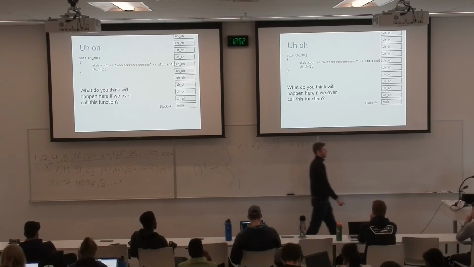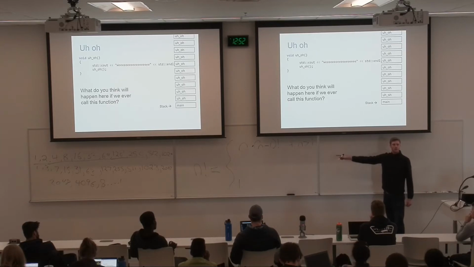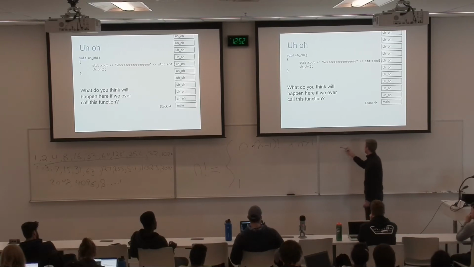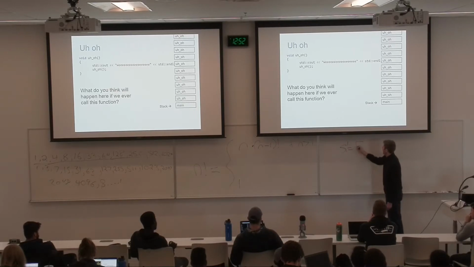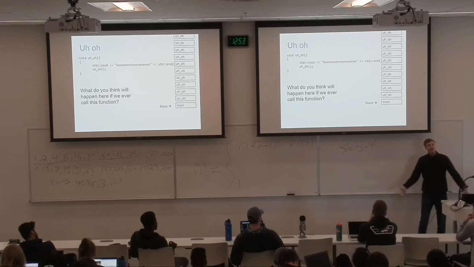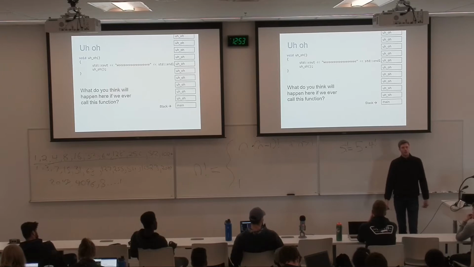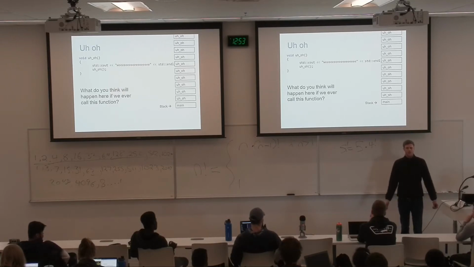I want 5 factorial. So is 5 greater than 1? Okay, so 5 factorial equals 5 times, what's 5 minus 1? 4 factorial. Do I know the answer to 4 factorial? No. But I know that the answer to 5 factorial is just 5 times 4 factorial.